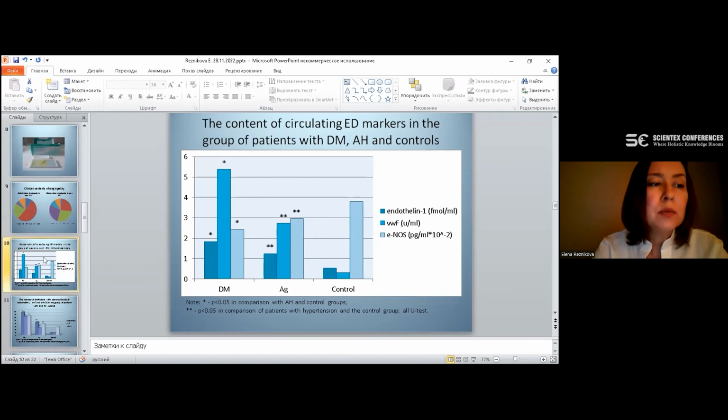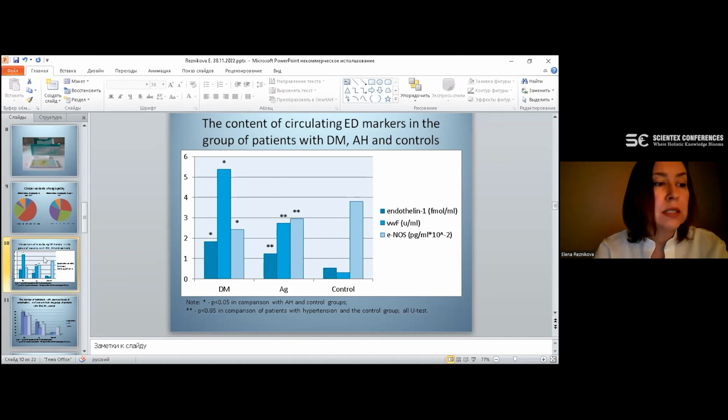The maximum increase in the level of endothelin-1 and von Willebrand factor was noted in the group of patients with diabetes mellitus, significantly exceeding similar indicators in the group of healthy individuals by 3-5 times. In patients with arterial hypertension, the indices also significantly exceeded those of the control group.